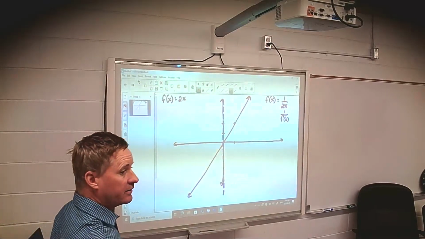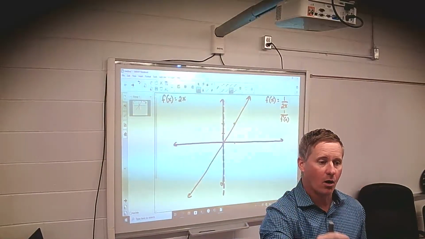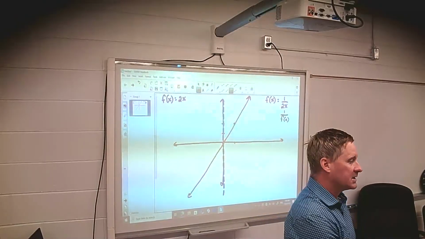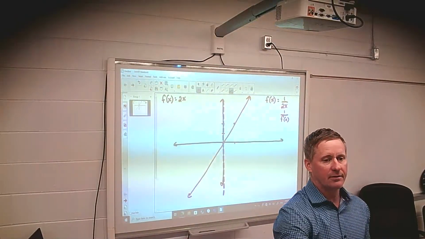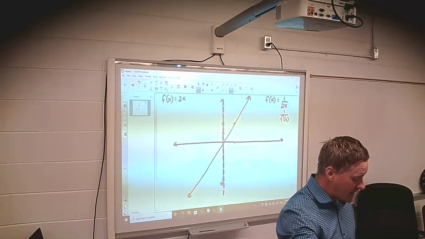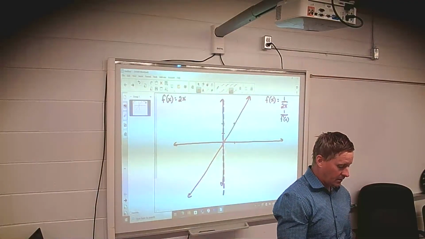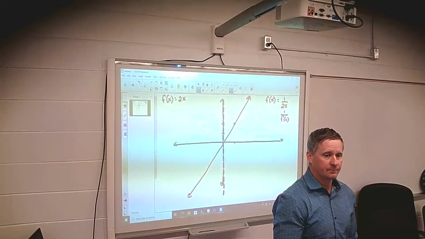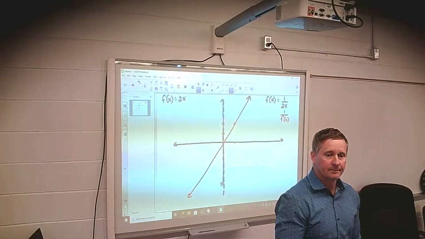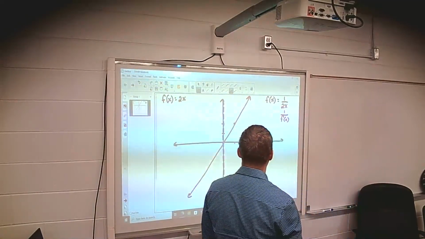The second thing you're going to do is find the 2 invariant points. The invariant points are the coordinates that are on the original and on the new graph. What is the one thing that you change that stays the same? So if you were to go through and do y equals 1 over 2x for all of those coordinates, what are the 2 that stayed the same? 1 and 1 and -1 and -1.